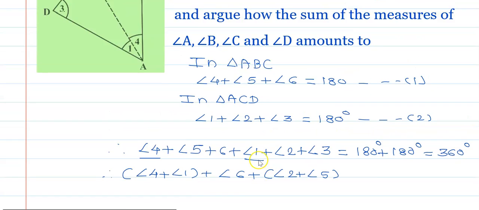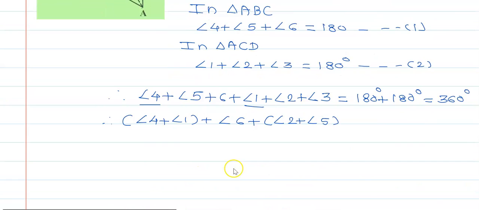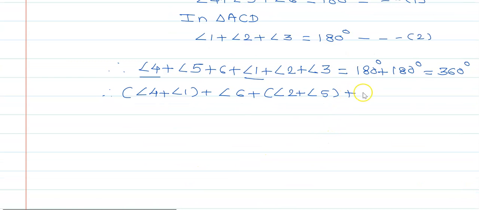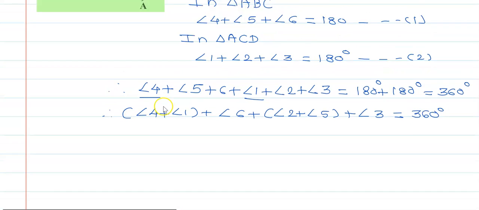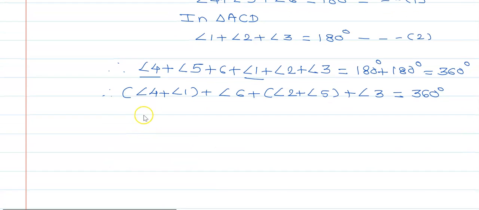Now, what is remaining? Angle 3, and that equals 360 degrees. What about angle 1 plus 4?